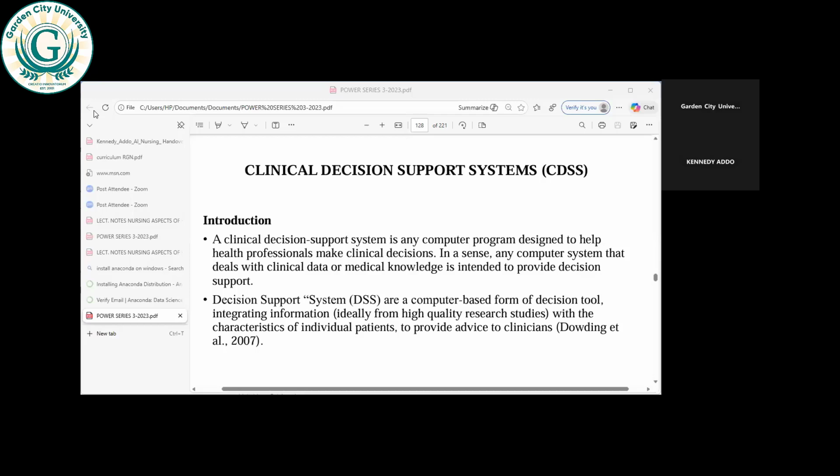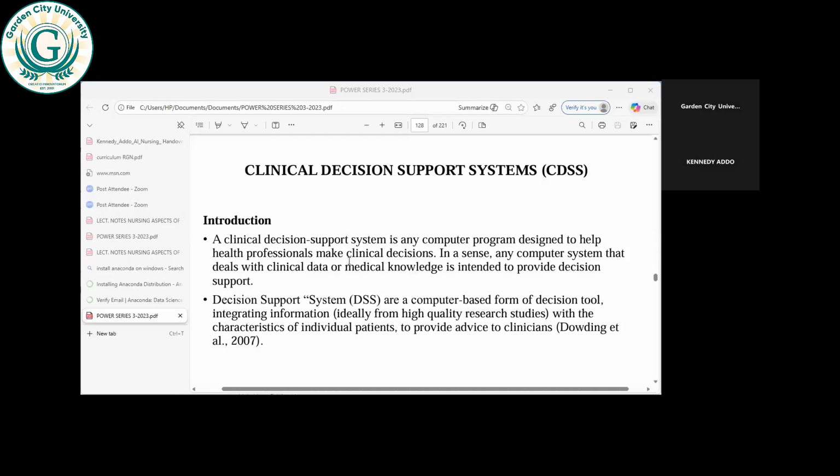This stems from the fact that with the kind of autonomy clinicians enjoy, whenever errors go undetected, patients will be the sufferers or the victims of those setbacks. On the basis of this, we should consider integrating CDSS with electronic health records. And that is the reason for introducing decision support systems.